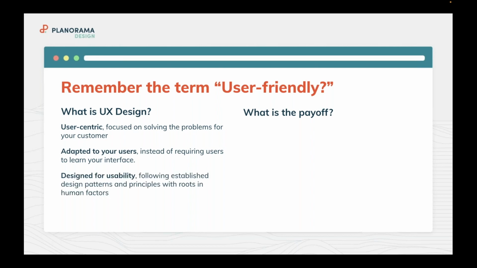UX design is focused on established design patterns. It's an entire area of research. And by the way, one in which our UX designers are all trained and they have that background. It's an area that has roots in human factors, ergonomics, psychology, even how we think about groups of items, right?